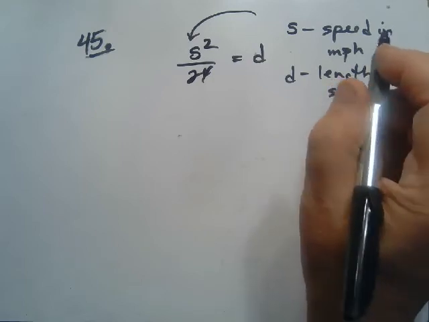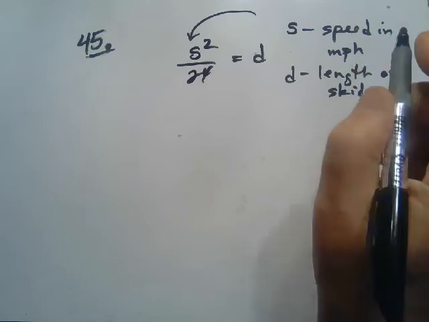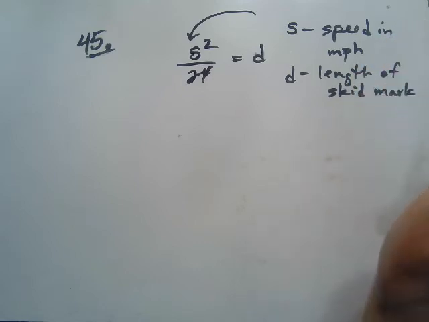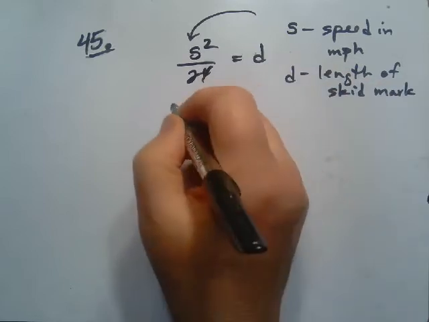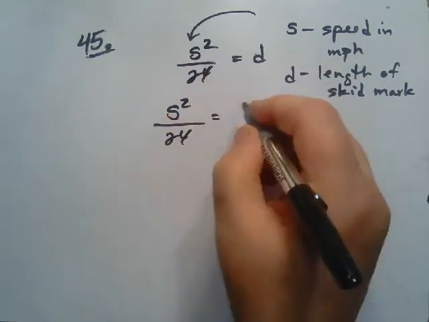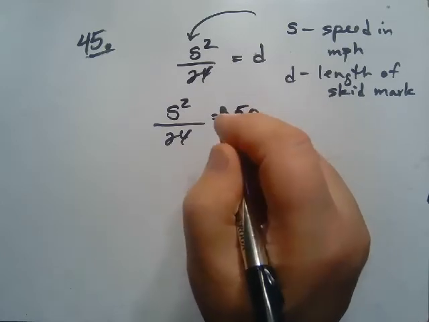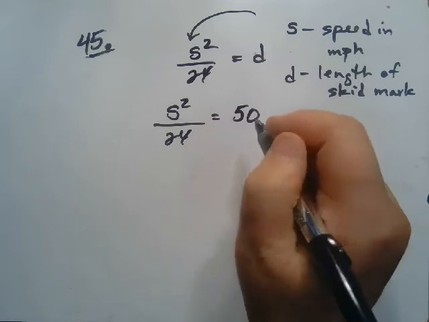Now the question's asking, if the length of the skid mark on dry concrete is 50 feet, how fast was the car traveling? Well, that's pretty simple. Let's just go ahead and put 50 feet in here. The skid mark is 50 feet long. We'll put 50 in here.